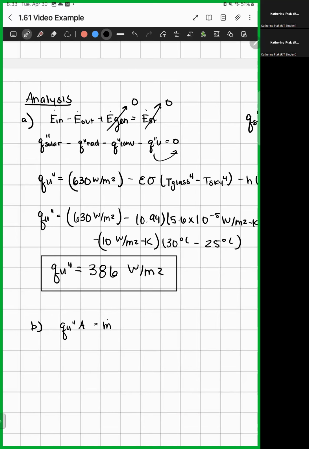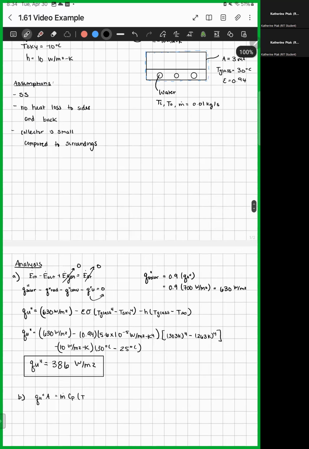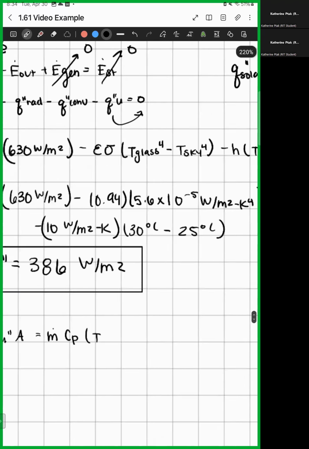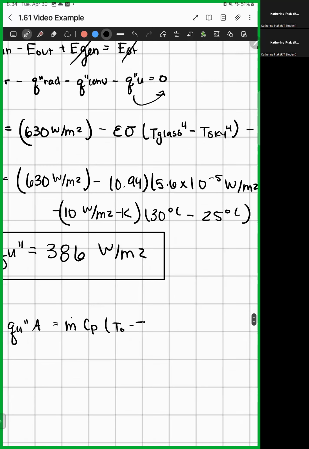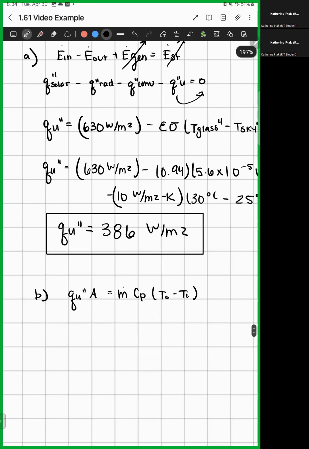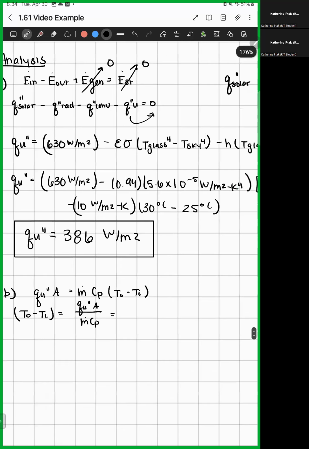And then we have our mass flow rate, we have CP, and then we have T out minus T in. So then when you rearrange this, you get T out minus T in equals QU times A over m dot CP. You can plug those all in.